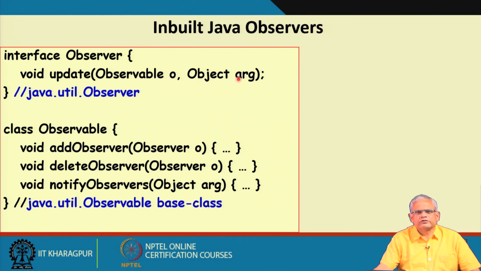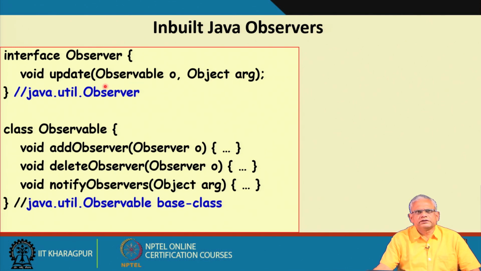and therefore any object you pass is compatible with this argument, because Object is the class from which all other classes are derived. So whatever class you pass will be compatible with the Object class. You can pass basically any object.